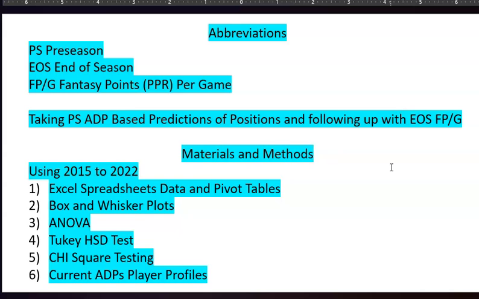I will use the Tukey HSD testing to see which groups are statistically significantly different from the others, to help us use those. And then I will use chi-square one time in this whole series, and I will feature current ADPs. And for 2023, try to apply some of this data a little bit.